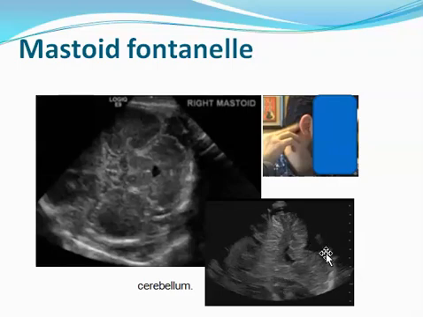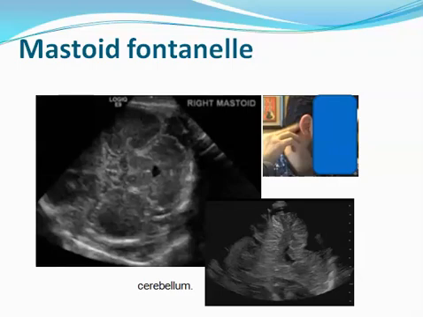Look over here, these are the cerebellar peduncles, and the central part is the cerebellar vermis. You can also see the fourth ventricle in this image, and over here the posterior part, which is the cisterna magna. So from the mastoid fontanelle window, you can see the cerebellum and the cisterna magna very nicely.